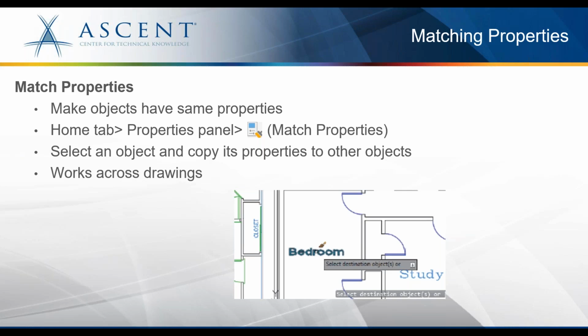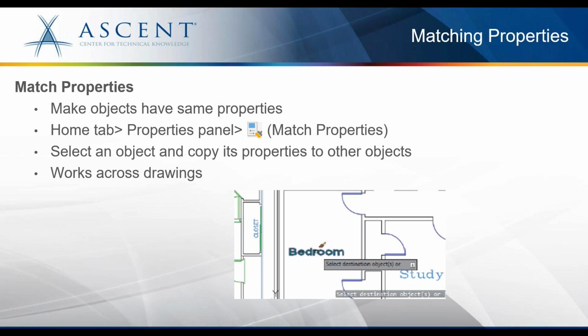As you move the cursor over another object that you want to change, the object changes to display a preview with the new properties. It is just a preview, shown once you hover the pick box over the other object. Once you feel that it's okay, select the object to change its properties to match the model object.